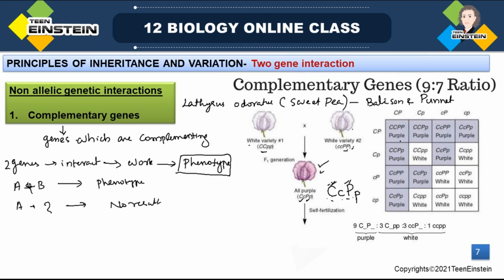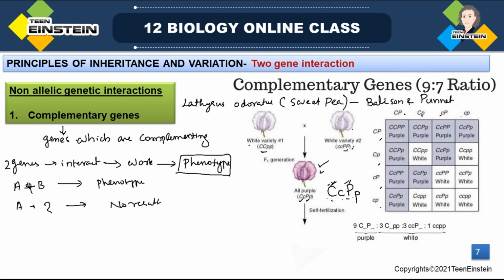Then from the Punnett square, you can see in F2 again this purple color flower is allowed for self-fertilization. In self-fertilization, it will form different gametes. You can see here these are different gametes, male and female gametes. When they are allowed for fertilization, that forms here.